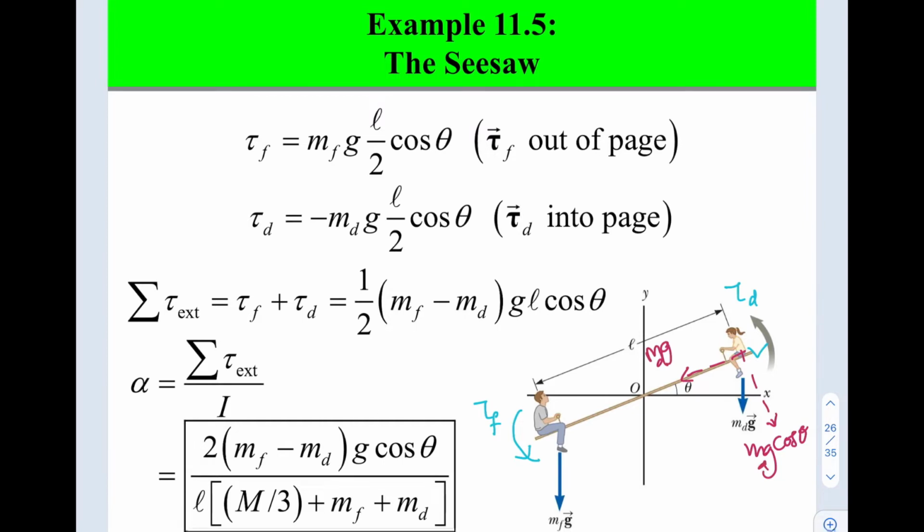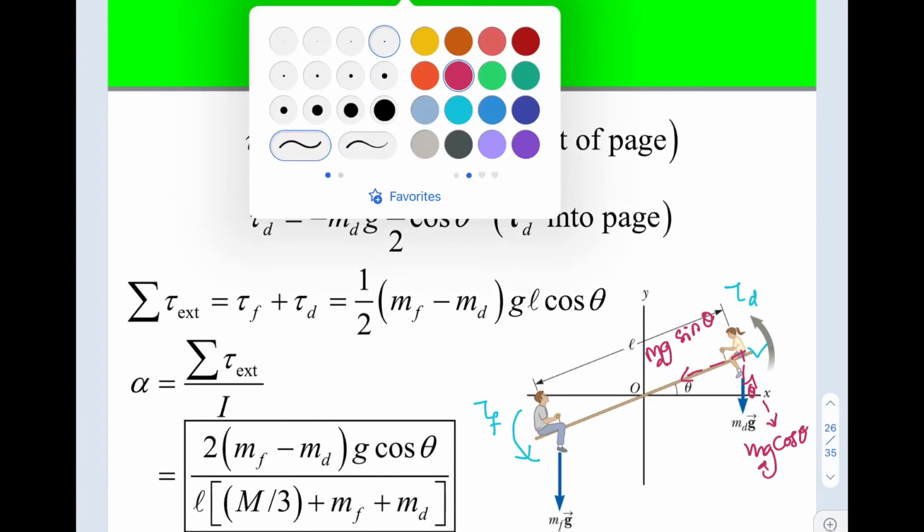And here you have m daughter g sin theta.